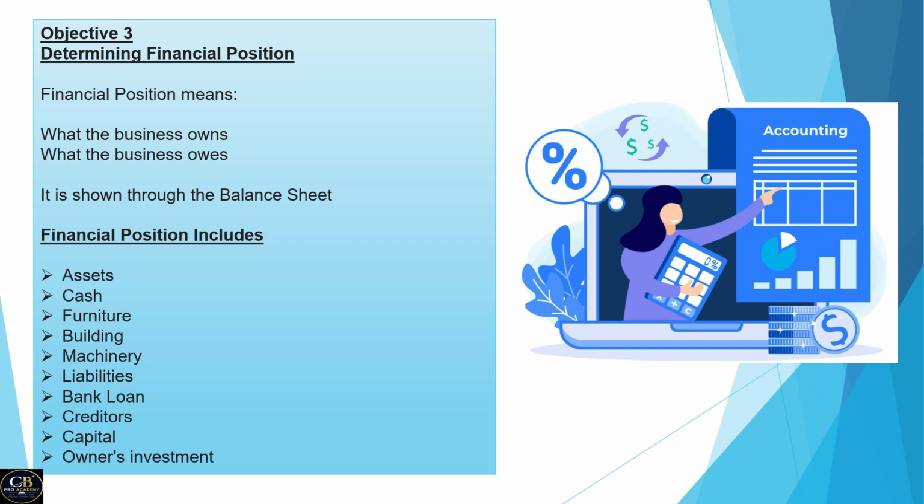So what are your assets? Cash, furniture, building, machinery. All these are your assets. Bank loan, creditors, capital, owner's investments: all these are your liabilities, which form part of your balance sheet. So the balance sheet helps us in determining financial position. Okay.